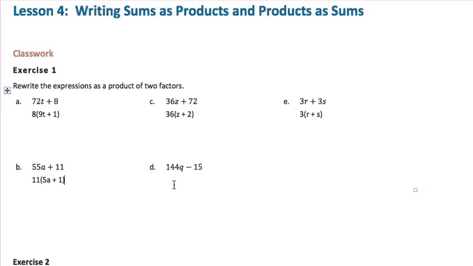And then finally, in the last one, letter D, there's a little bit of tricky stuff going on here. First of all, 15 doesn't go into 144. And since I know 5 doesn't go in there, I would suggest that 3 is probably our common factor.